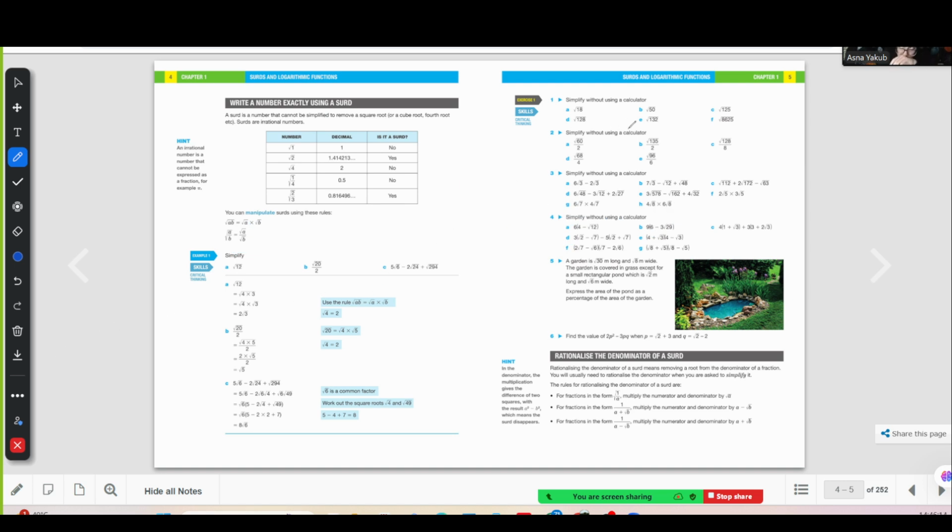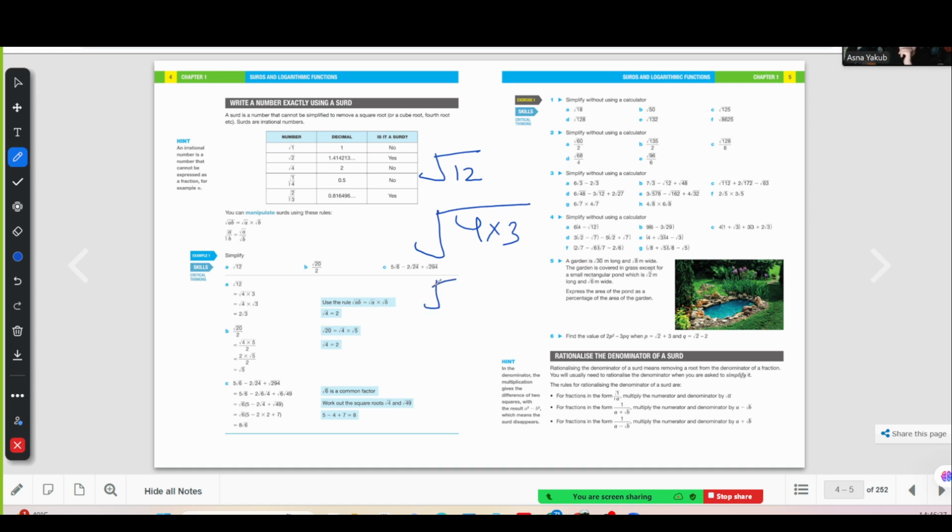So this is how we simplify bigger numbers like square root 128. I told you about factorization. But if you have smaller numbers, suppose square root 12, we can check if there is a perfect square number which we multiply with another number to get 12. For example, 4 times 3 is 12.